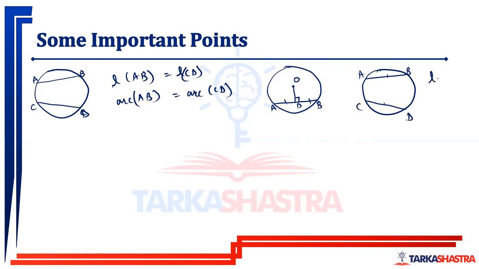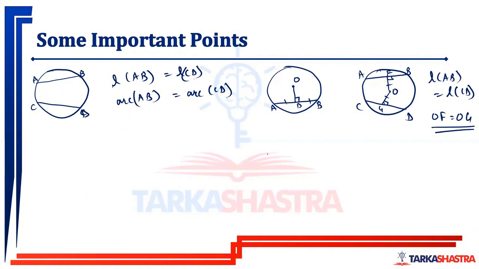If the length of AB is equal to the length of CD, then the distances from the center O, let us say OF and OG, will also be equal. OF will be equal to OG, because AB and CD are equal chords, so they are equidistant from the center as well.